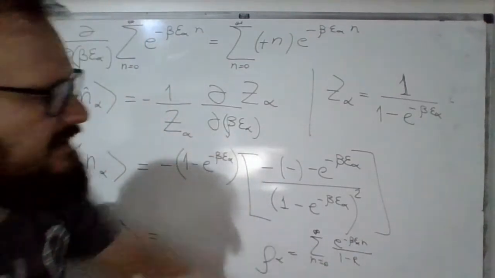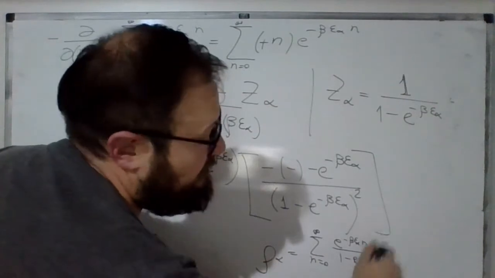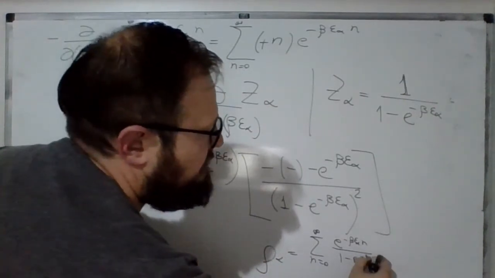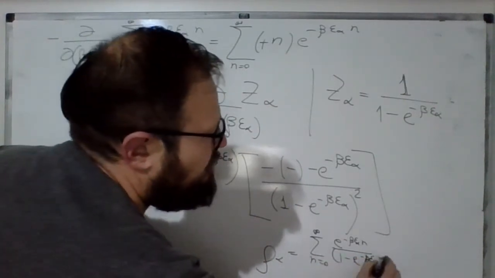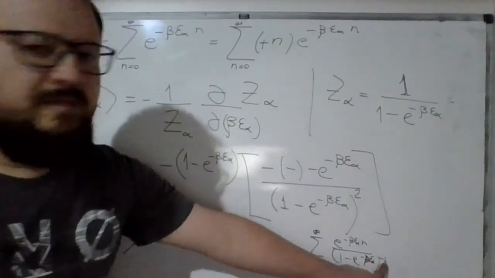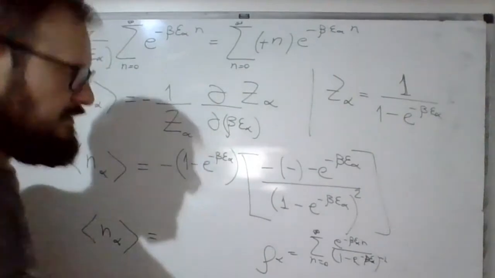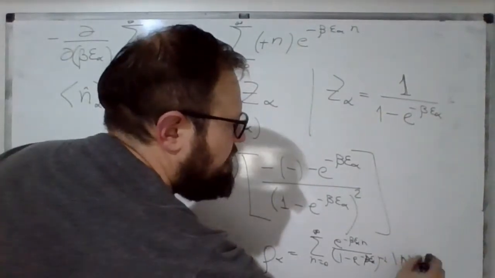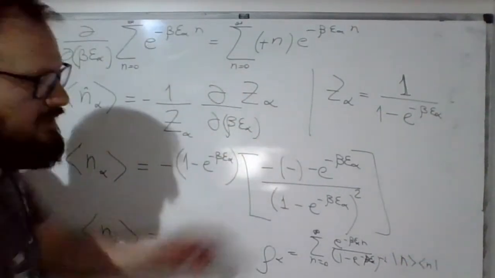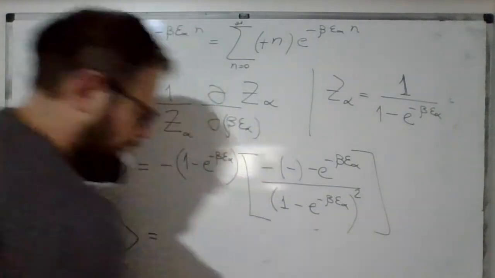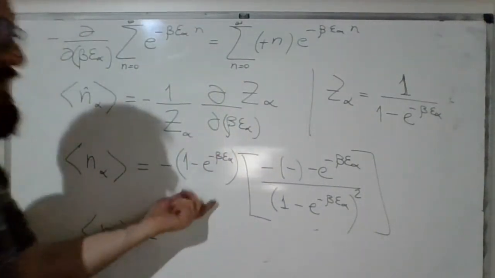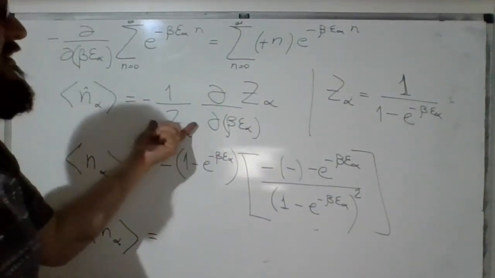It is not divided because it's the inverse of the partition function. So this is to the minus 1, okay? I missed this minus 1 in the previous equation. Okay, just correct that in your notes. But here it's correct. It is the inverse of the partition function.